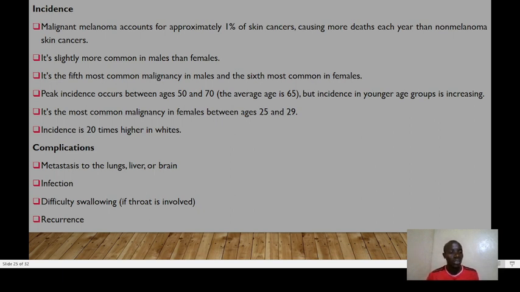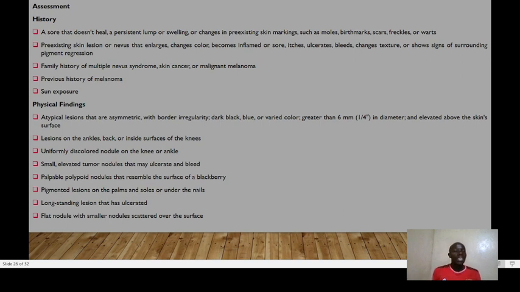And complications will include metastasis to the lungs, liver, or brain, causing all the signs and symptoms associated with those organs. Infection, difficulty in swallowing if the throat is involved, and recurrence. In terms of history, you have to see if there is a sore that doesn't heal, persistent lump, or swelling or changes in pre-existing skin markings such as moles, birthmarks, scars, freckles, or warts.